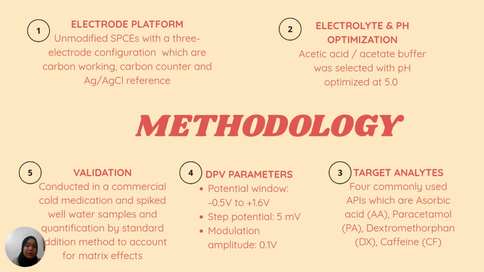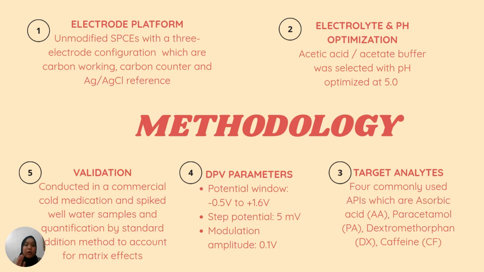The next step is the DPV parameters, which have three parameters. The potential window is at negative 0.5 volt to positive 1.6 volt, the step potential is 5 mV, and the modulation amplitude is 0.1 volt.